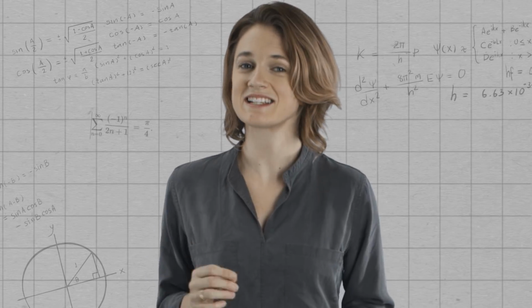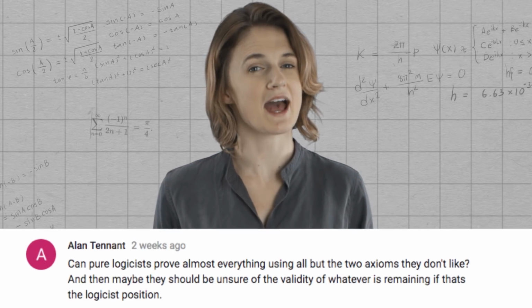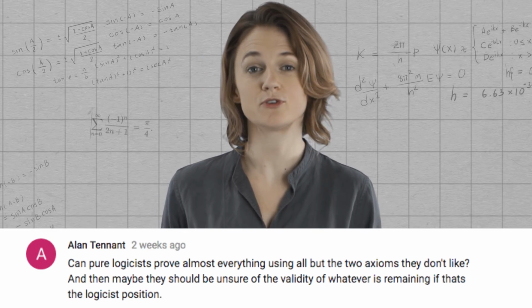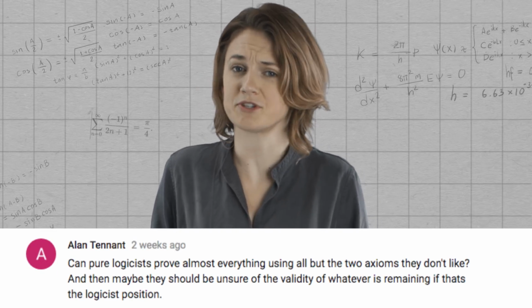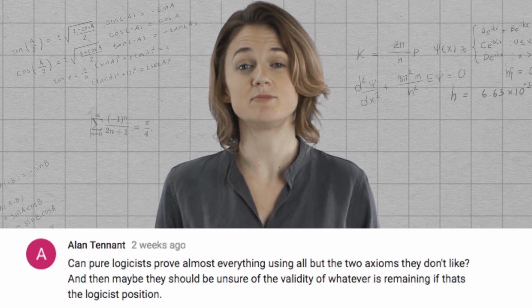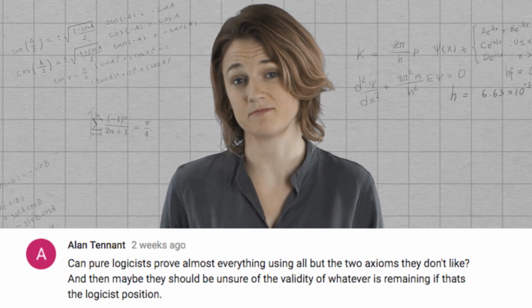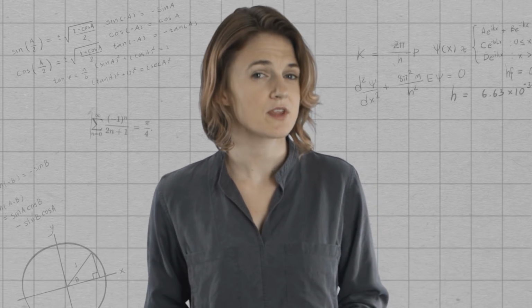You all had a ton to say about the worrisome lack of a foundation for mathematics. Alan asked, can pure logicists prove almost everything using all but the 2 axioms they don't like? And then maybe they should be unsure of the validity of whatever is remaining if that's the logicist position. That's a good question.